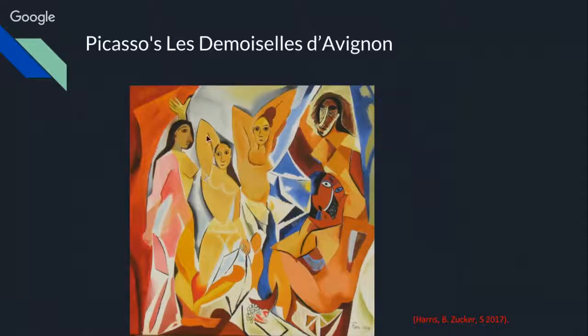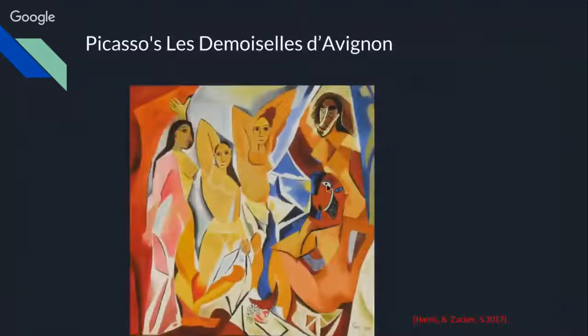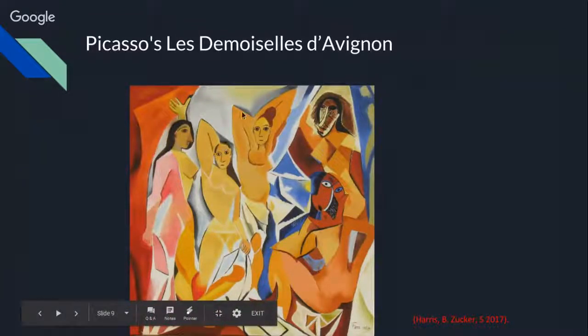Her arm is behind her head. This one over here, her hand is above her. This lady over here, her arms are behind her. This woman over here, her legs are open up. And so this represents that they are ready to seduce men and please the men on these streets of Barcelona.